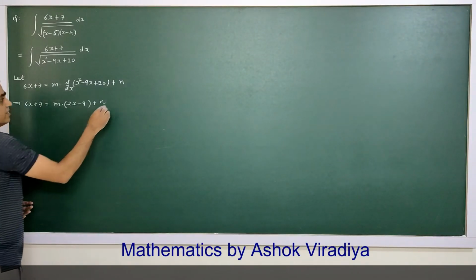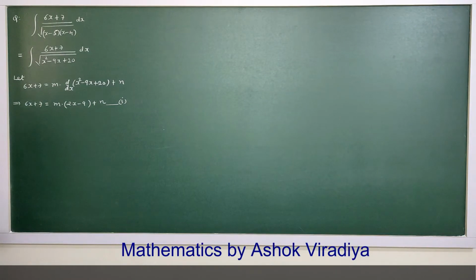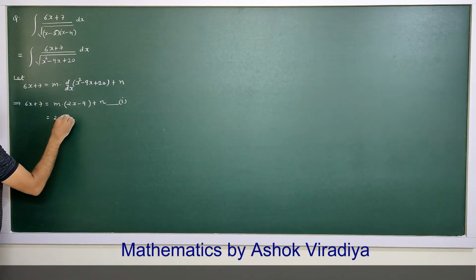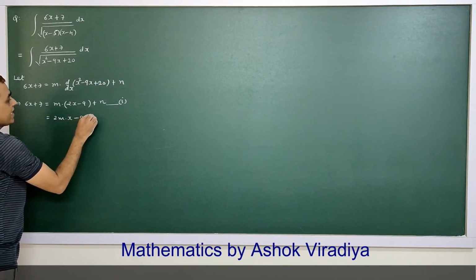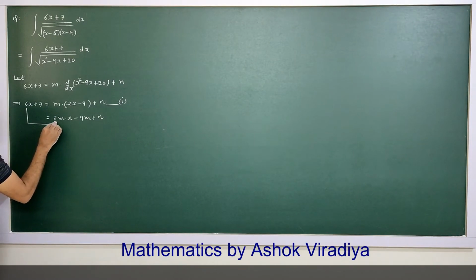Let me say this is equation 1. Now we find the values of m and n. So it is 2m into x minus 9m plus n. Now we compare coefficients. 6 should be equal to 2m.